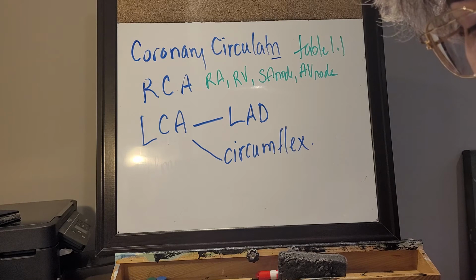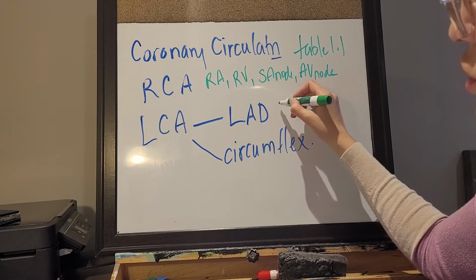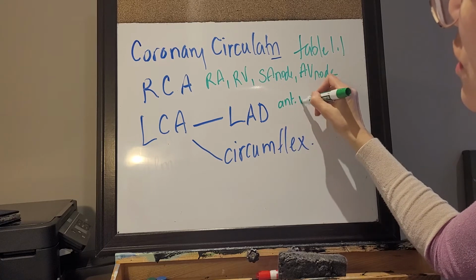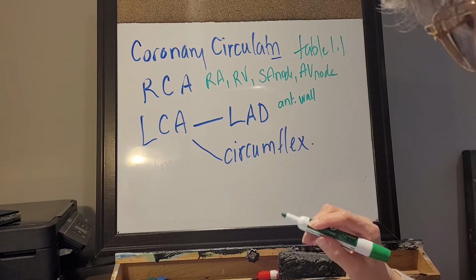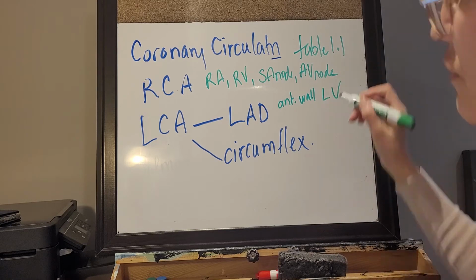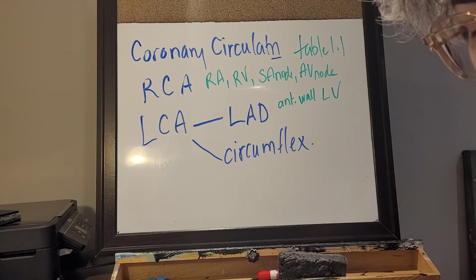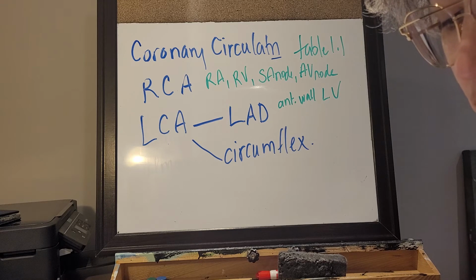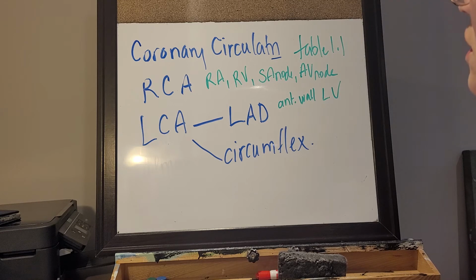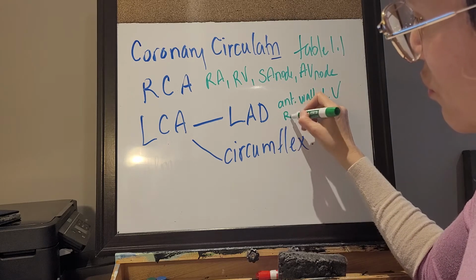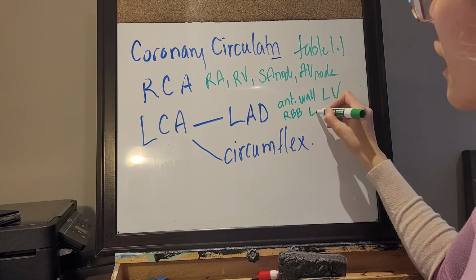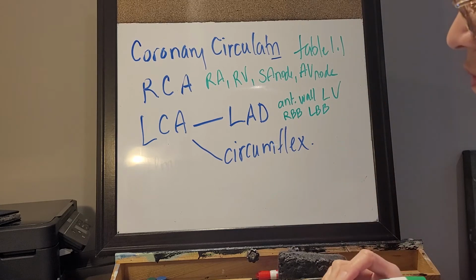The left anterior descending perfuses the anterior wall of the left ventricle and 2/3 of the interventricular septum. It also perfuses the right bundle branch and the left bundle branches.